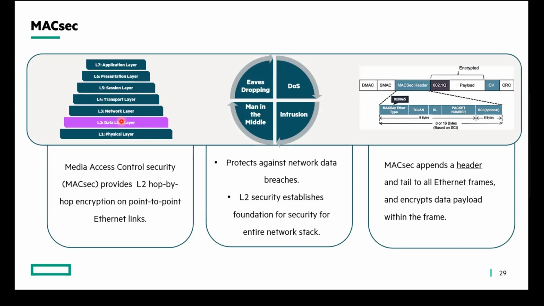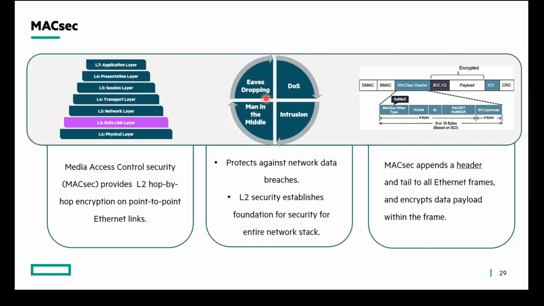It provides L2 hop-by-hop encryption on point-to-point Ethernet links. One of the main use cases of MACsec is that it provides layer 2 security, allowing it to safeguard network communication against a range of attacks like denial of service, intrusion, man-in-the-middle attack, and eavesdropping.